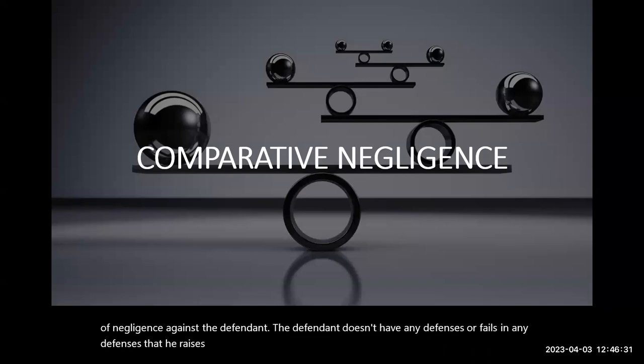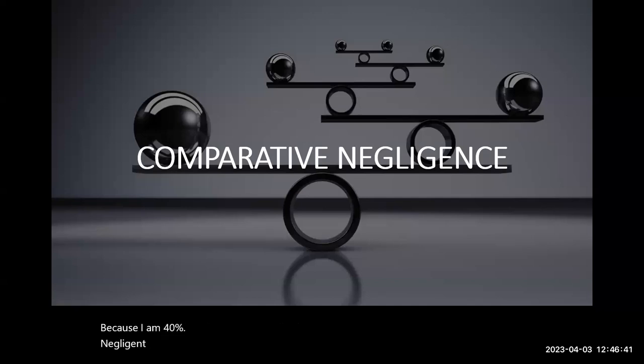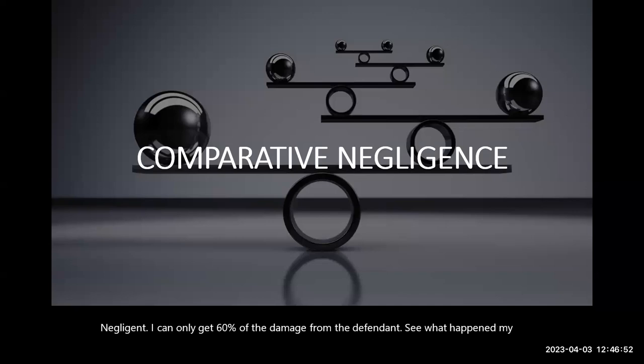I get a verdict for $10 because I am 40% negligent. I can only get 60% of the damage from the defendant. See what happened? My award is reduced by the 40%.